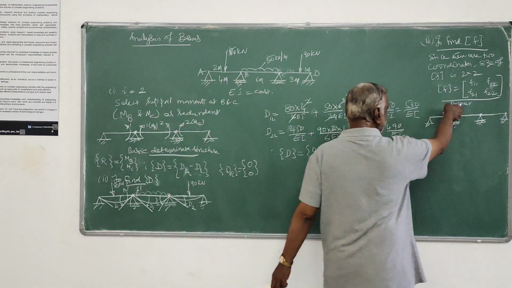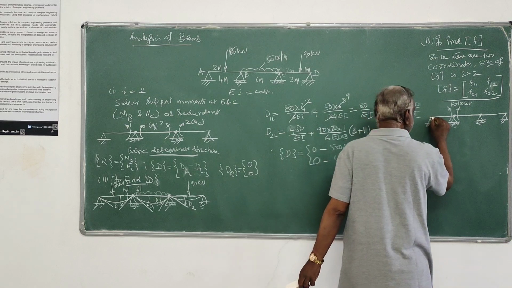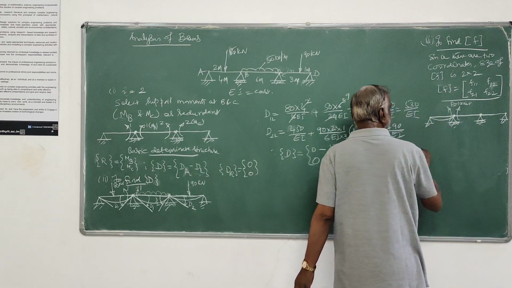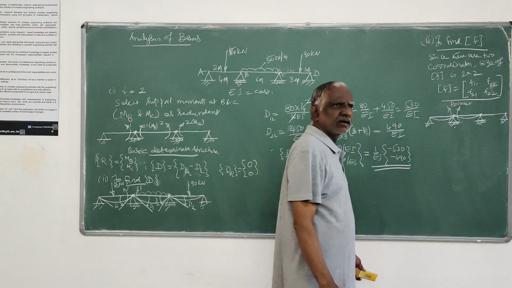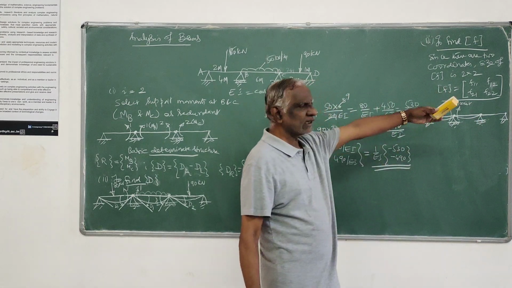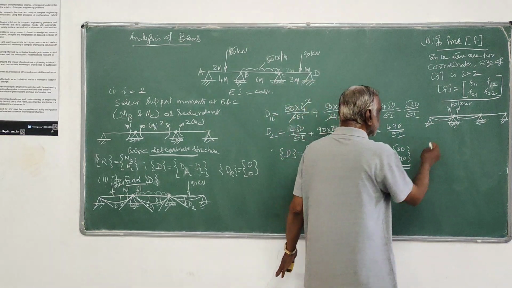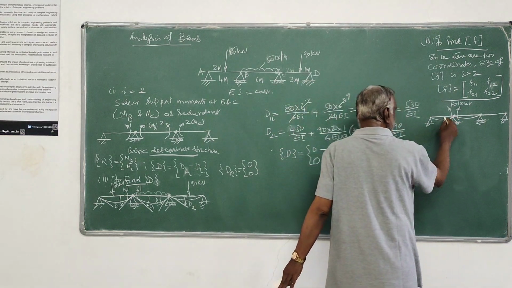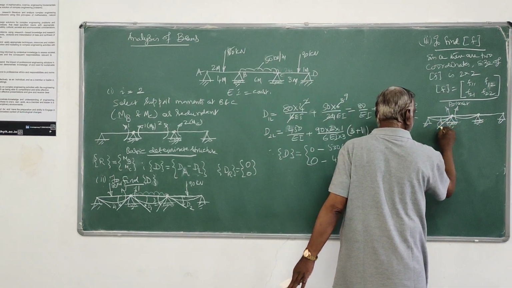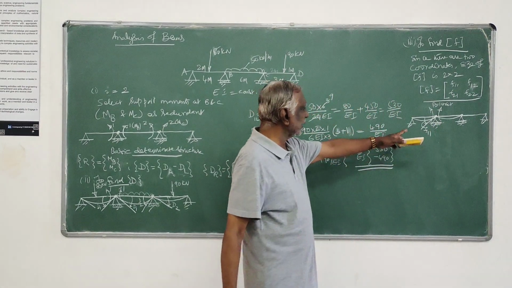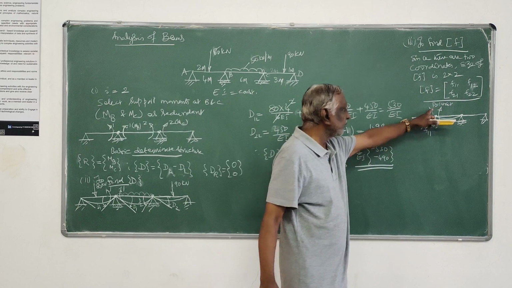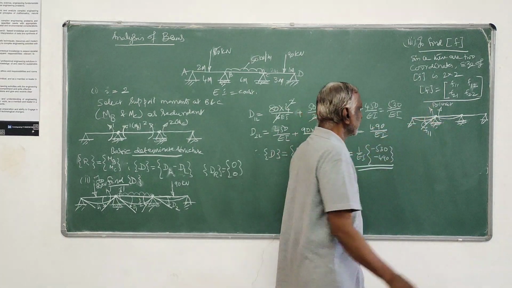Because when I give unit force here, it will displace in this fashion. Here also, it will displace in this fashion. And the other span will not displace at all. So this particular thing, we are calling it as F11. That is the displacement along 1 when load is given at 1 itself.